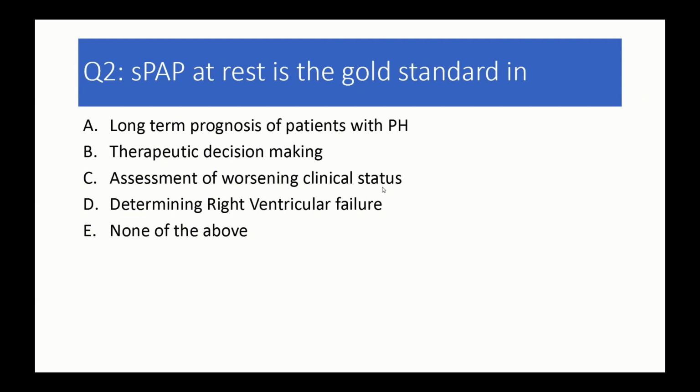It might not be the best tool to use. So assessing worsening of clinical status, you have to depend on the clinical parameters and also on doing another right heart cath almost every time there is a change.